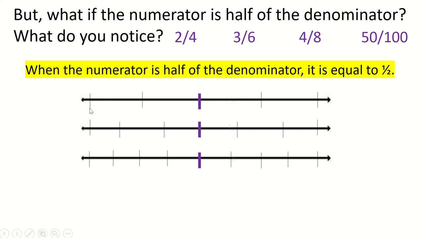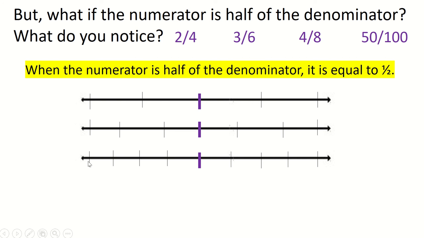So look at my first number line. I divided it into 1, 2, 3, 4 equal parts, and I put 2/4 on the number line. You can see it's in purple. 2/4 is located right in the middle. Then I did 6. 1, 2, 3, 4, 5, 6. 3/6 is at the purple line in the middle.